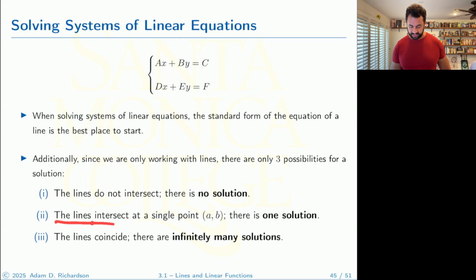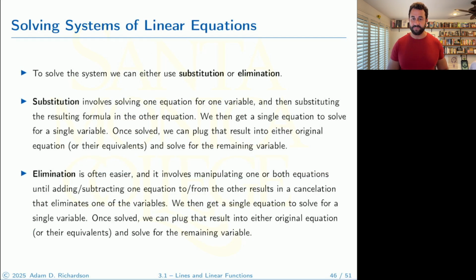Two, the lines intersect at a single point. That means there's one solution to the system, and it will be in the form of a point x comma y. Or three, the lines completely coincide. That basically means the two lines are the same line. And if that's the case, there are infinitely many solutions given by the equation of the line itself. That's basically it.